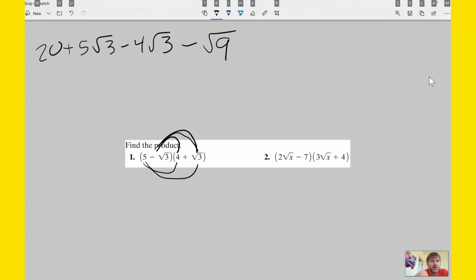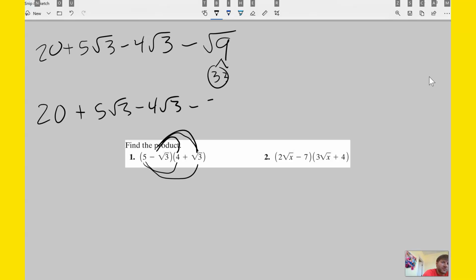All right, and then the 9 will break down, right, to 3 times 3. So the square root of 9, you know that's just 3 anyway. So pair of 3's, it comes out. So that's going to be, let me rewrite it as 20 plus 5 root 3 minus 4 root 3 minus 3, because that square root of 9 simplifies to 3.